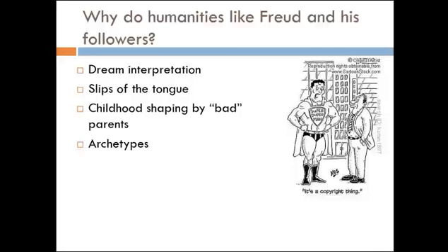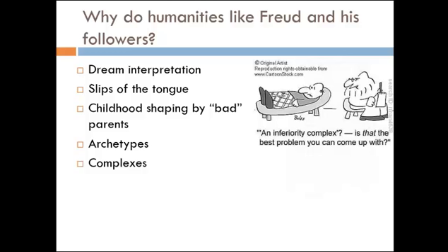Jung said, yeah, we have that, but we also have a collective unconscious, and that we carry around in that collective unconscious archetypes about things like Superman, or what it means to be a mom, or fear of death being brought upon us by floods and things like that. That makes for great plots in movies and stories, doesn't it? Very attractive.